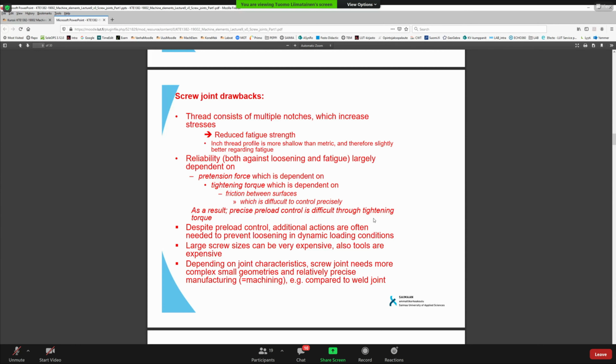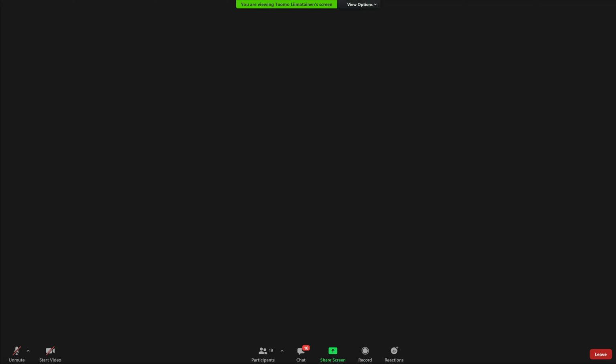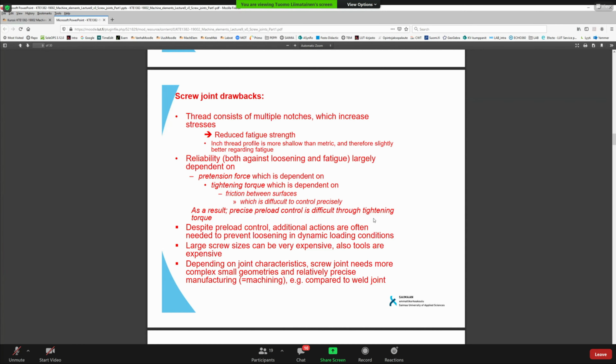The drawback also for a screw joint is that the reliability is dependent on various factors which are not that easy to control. The reliability of the screw joint depends on the pretension force which we obtain while tightening. And the pretension force is dependent on the tightening torque.